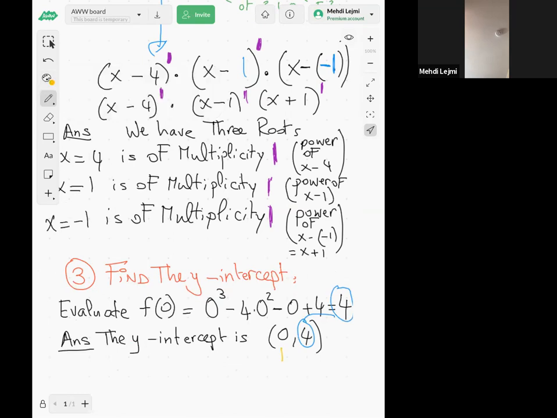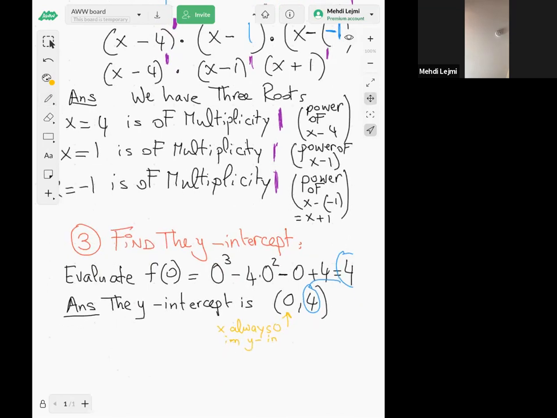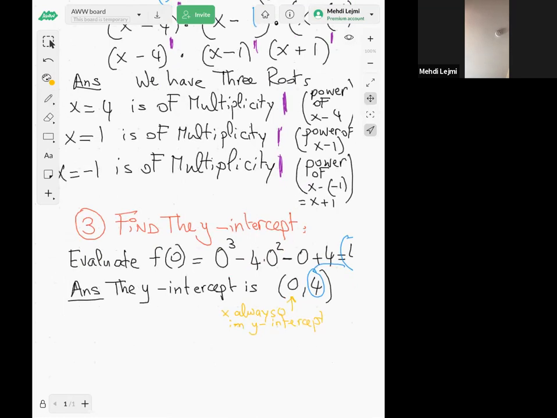So this is always 0. All right. Okay, so I got now everything I need to sketch the graph of f of x.